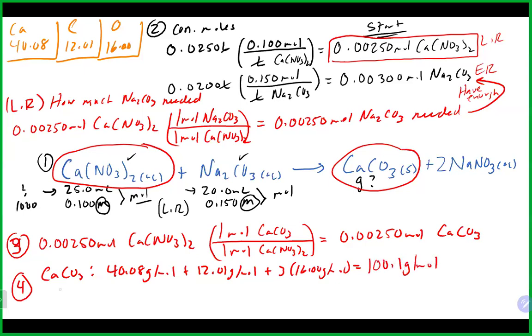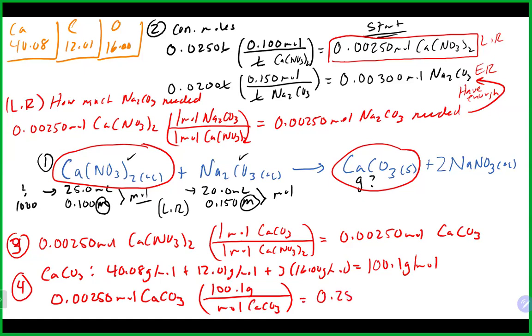So using that as a conversion factor, 0.0025 moles of calcium carbonate times 100.1 grams per mole will tell us in this case about 0.25 grams. That would also be our theoretical yield in this case, as that is a product.